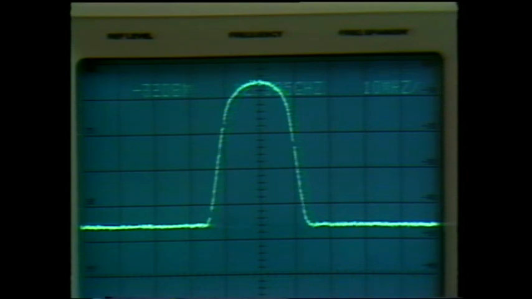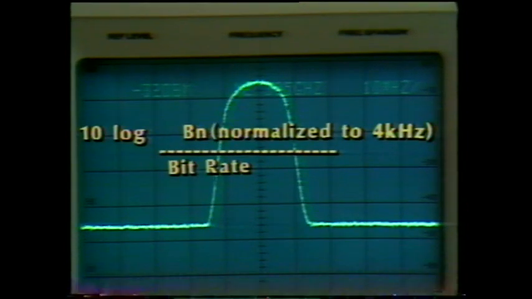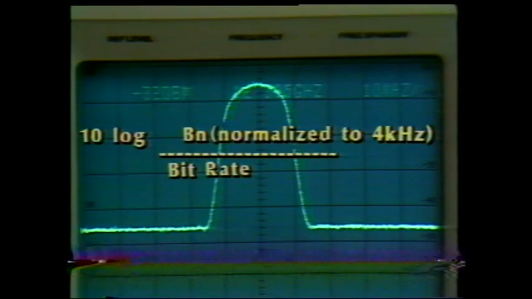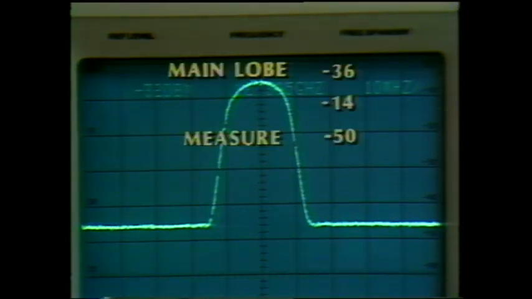We can calculate this using what we know about the height of the main lobe. The signal display peak is computed to be 10 times the log of the ratio of the analyzer noise bandwidth over the signaling bit rate normalized to 4 kilohertz. In this case, we see that the main lobe is 36 dB down. Now we can make the appropriate FCC bandwidth measurement 14 dB below the display peak, or 50 dB below peak carrier.